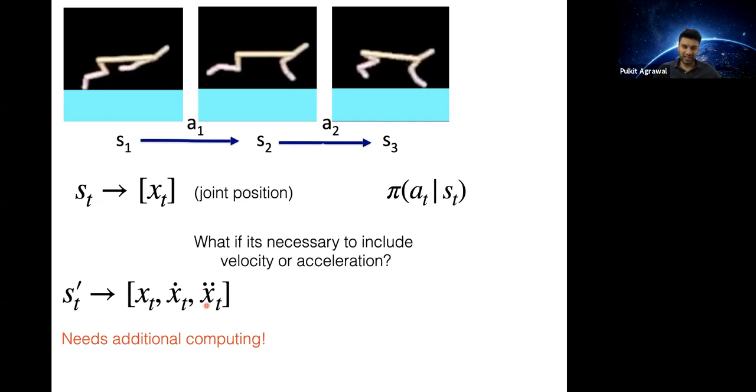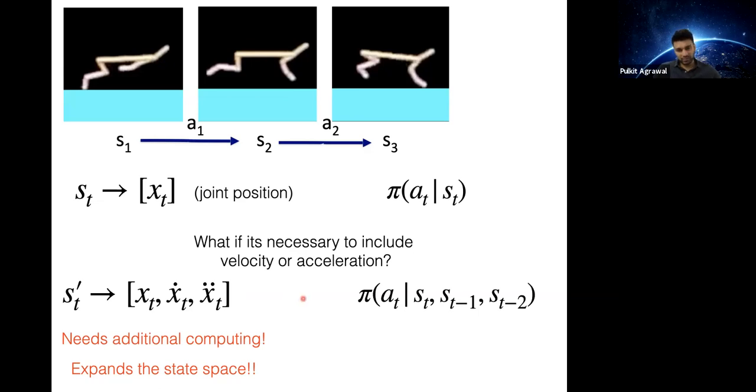But the issue is that now we need to explicitly compute velocity and acceleration, and this is something we need to provide the system with. And because now the state space is larger, the learning problem will also become harder. This is what we discussed in an earlier lecture, that expansion of state space leads to requiring greater and greater amounts of data to learn.